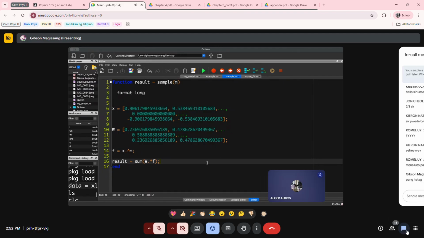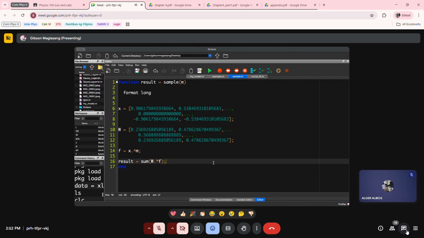So, originally, we have this program. But since our limit of integration is not negative 1 to 1 anymore, it has changed from 0 to 1, or generally from a to b. So what we will do is change the x and w to x tilde and w tilde.